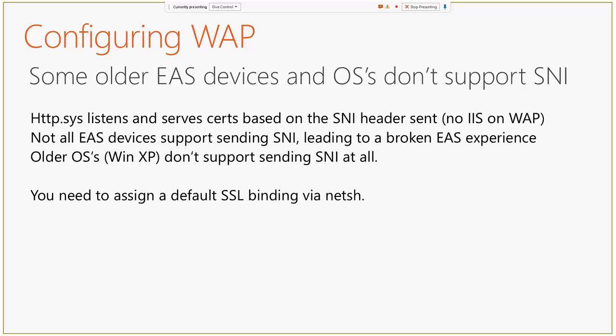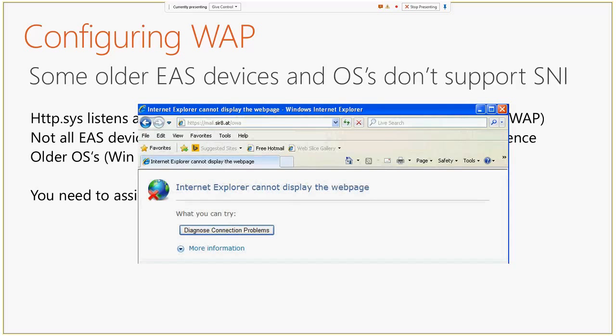So if you have a client like that and you published everything correctly, you're going to see Internet Explorer cannot display the web page, and nothing is going to show up really. The HTTP stack of XP just doesn't send that, or the HTTP stack of all the ActiveSync devices just doesn't send that.